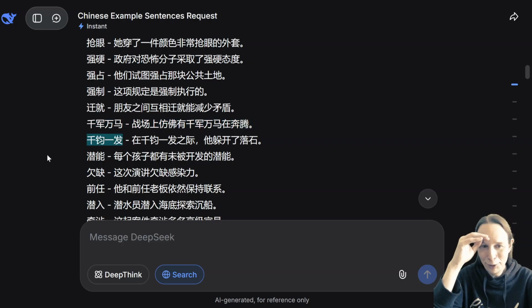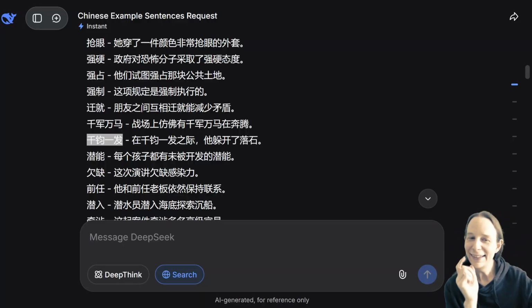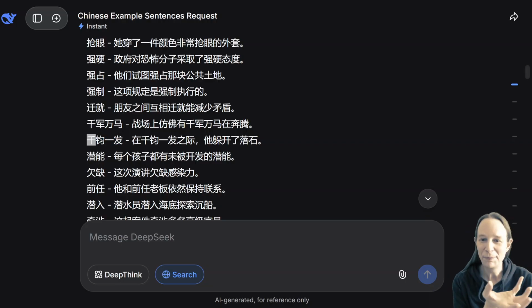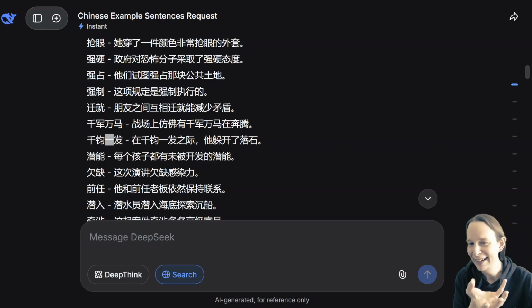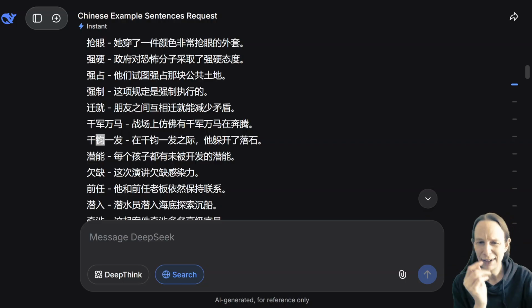Okay, 千钧一发. Yeah, so this is a really interesting one. So again, big number represents big thing. Small number represents small thing, basically. Or weak, unimportant, you get the idea. This 钧, I think it's first tone.